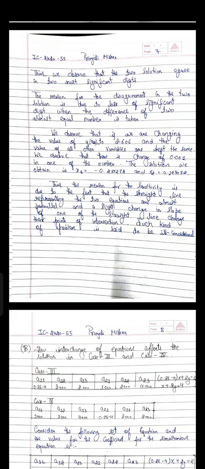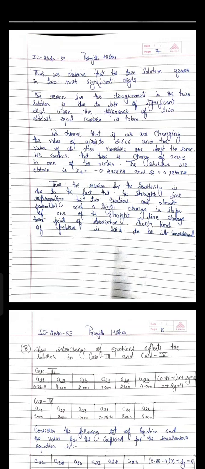We observe that if we change the value of q, that is a22, to 2.606, and all the other variables are kept the same, there is a change of 0.01 in one of the numbers. The solution we obtain is x1 equals 0.2352 E2 and x2 equals 0.1250 E2.